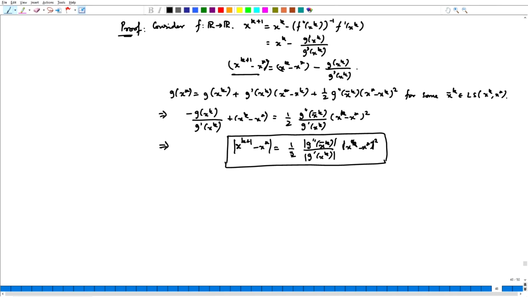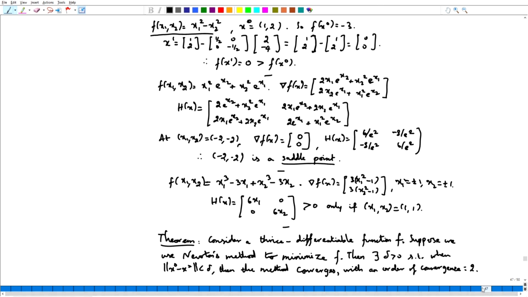Fine. A little bit of a heuristic is what I gave here, but I have still not shown the local convergence.